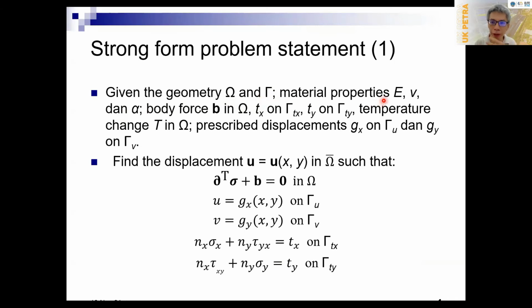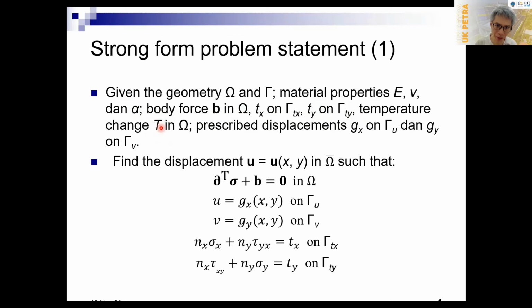Given also the material properties, let's say the material is homogeneous and isotropic, so it can be described by modulus of elasticity E and Poisson ratio nu and coefficient of thermal expansion alpha, subjected to body force B in the body and Tx on gamma Tx, Ty on gamma Ty, so on its respective boundaries, and then also may be subjected to temperature change P in omega.